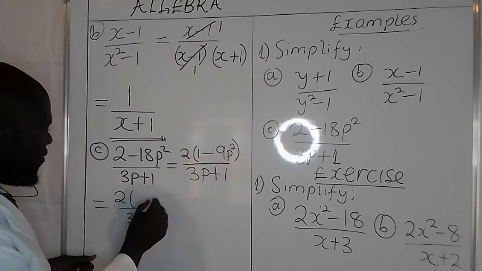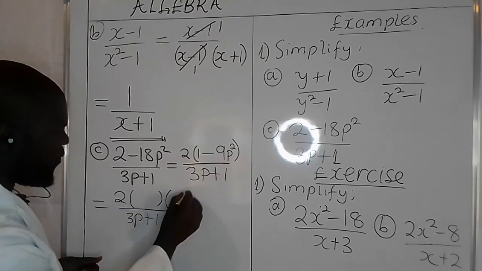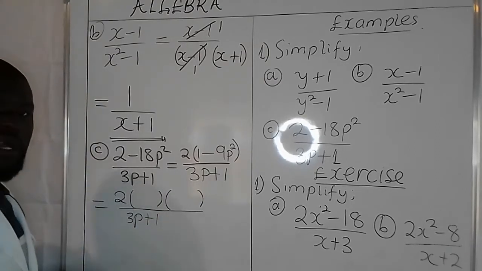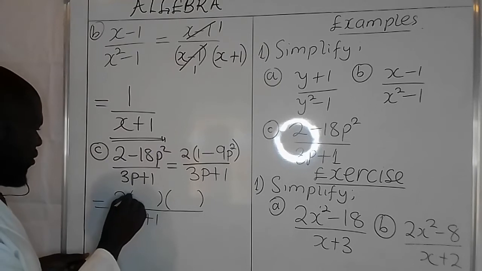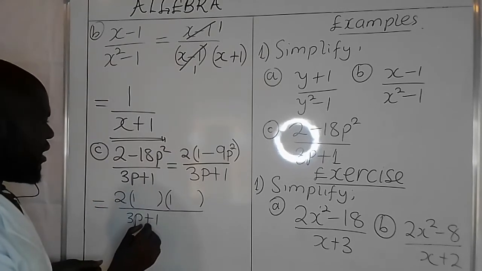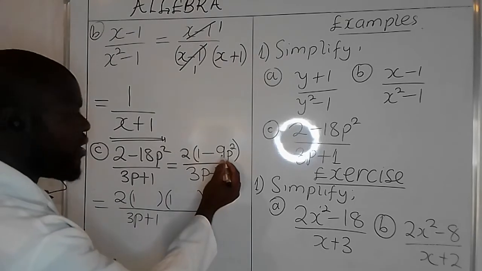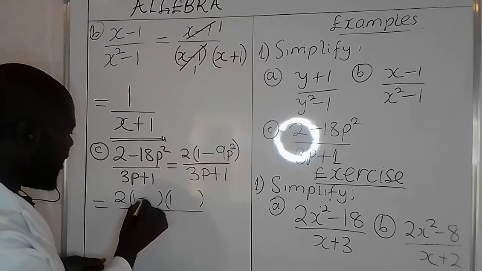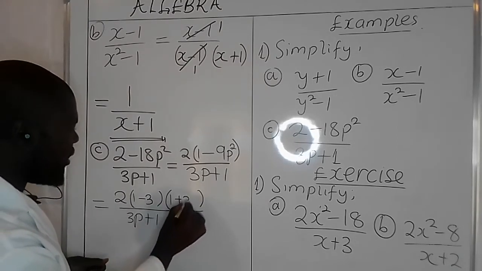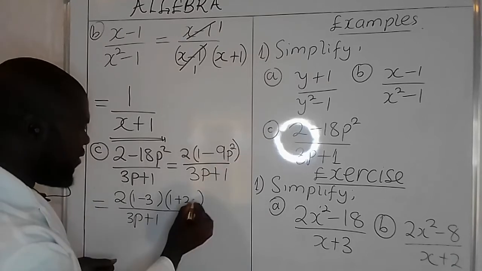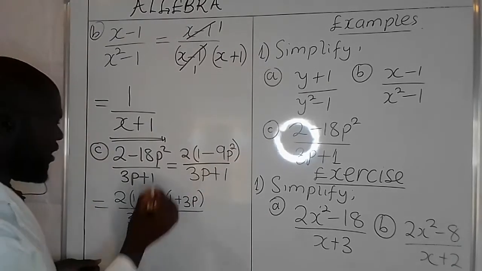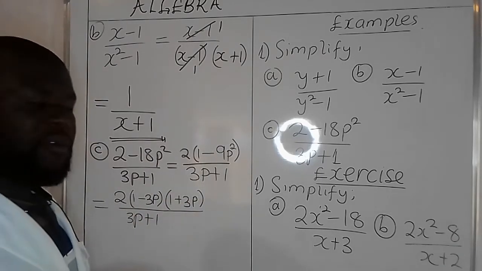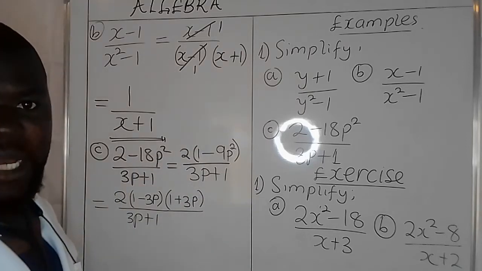Apart from the 2 outside, we shall have 2 factors. One of the factors will start with a 1, and another one will also start with a 1. The square root of 9 is positive or minus 3, so we have minus 3 and positive 3, then p here and another p there. Once we do this, we would have factorized the numerator fully.